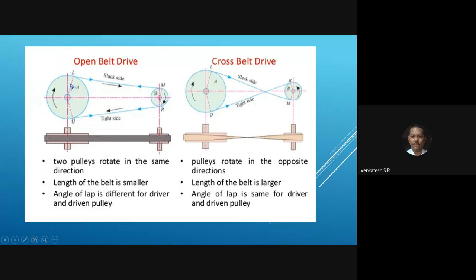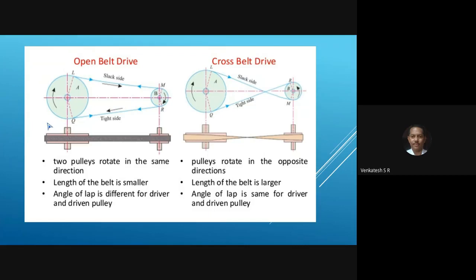This is very, very important: the belt which turns the driven pulley in the same direction as the driving pulley is the open belt drive.